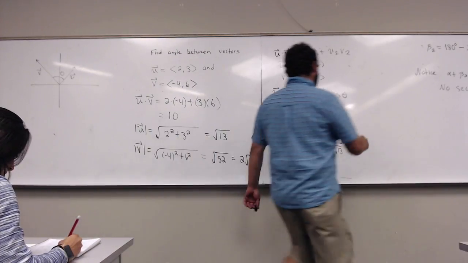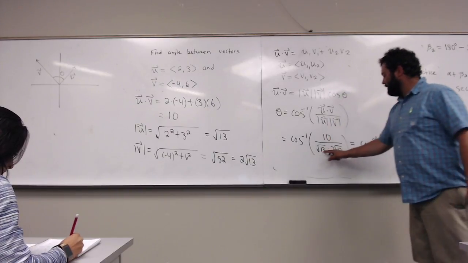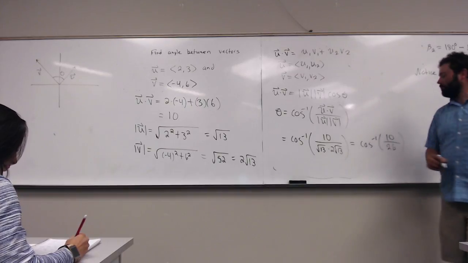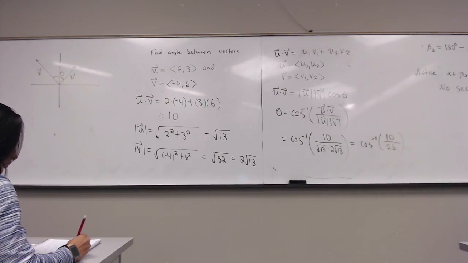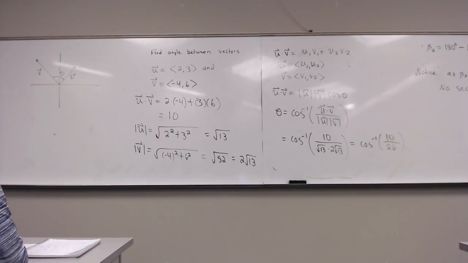Which I think, root 13 times root 13 is 13 times 2 is 26.